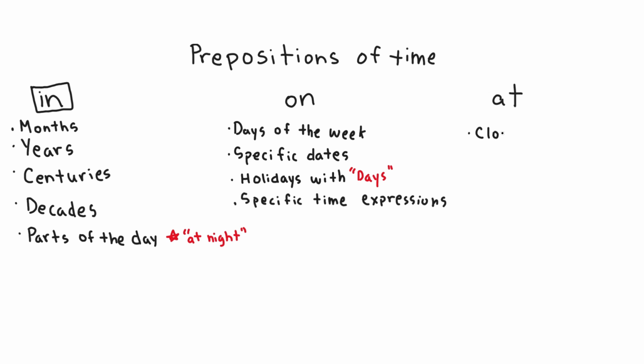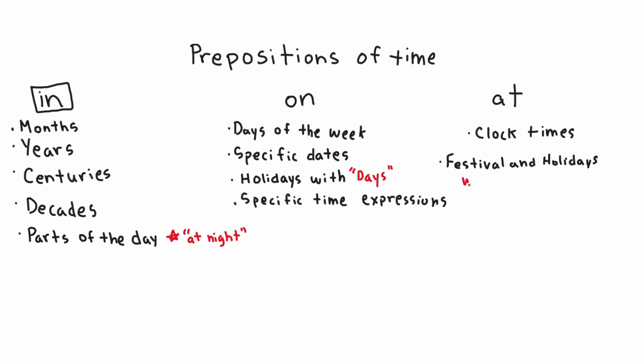Now, let's look at the preposition at, which is used for clock times. For example, at 7:30 a.m., at midnight, at noon. Also used for festivals and holidays, but without the word day.